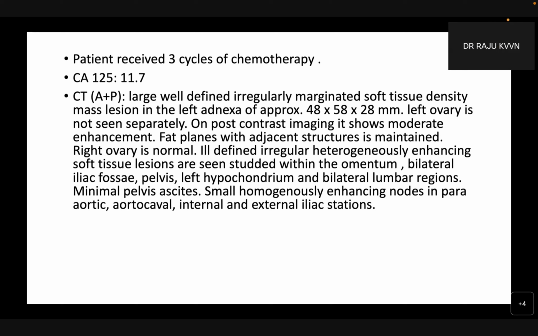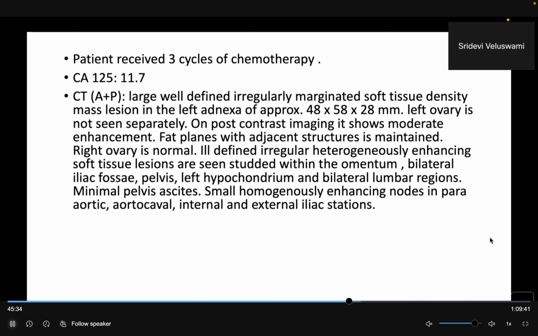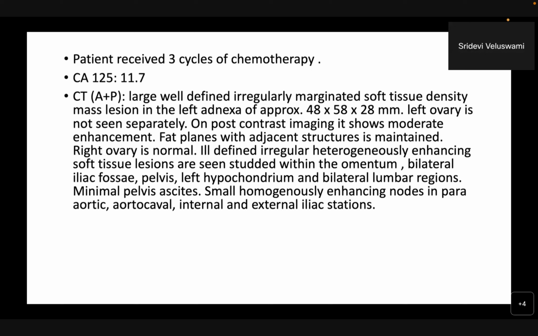This is more relevant in primary cytoreductive surgery, but it has relevance here also. Are you aware of the biological principles behind cytoreductive surgery? What log kill will you get if you do surgery? Cell cycle? Merlyn, you're there? Yes, ma'am. Okay, you have to go read.